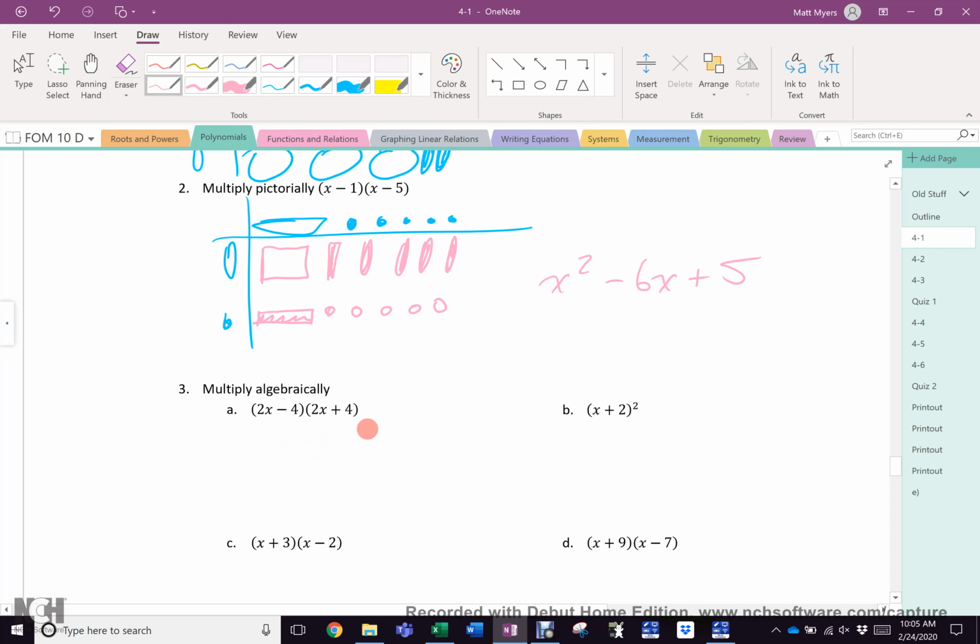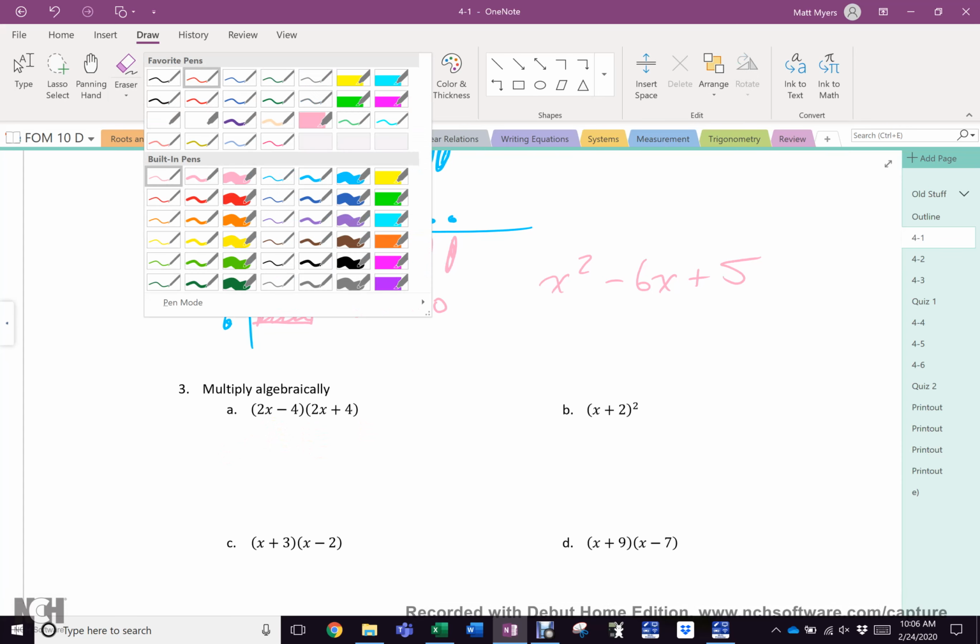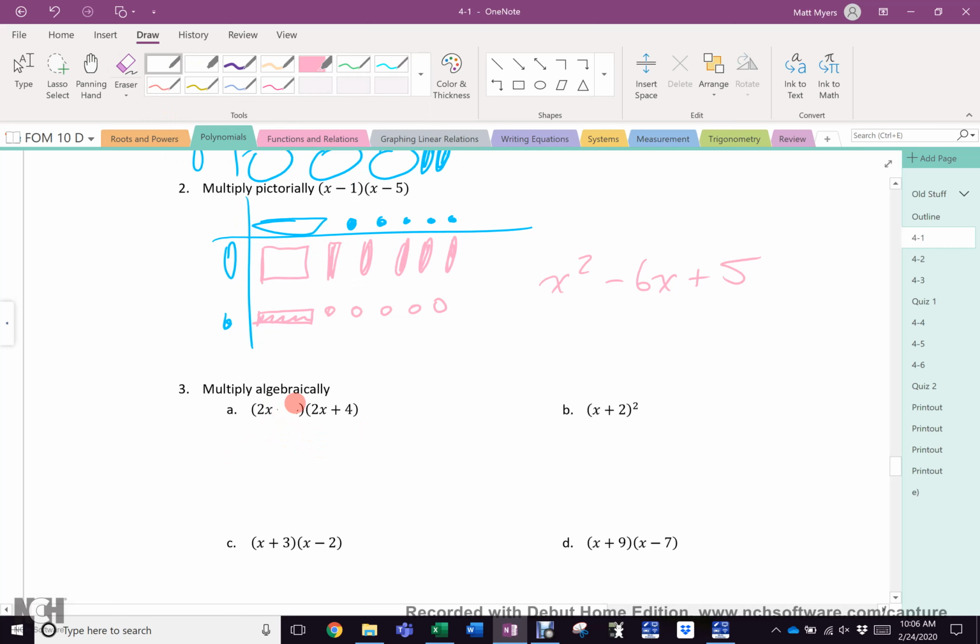Same way we do all of these. If I pretend that that is not there, what do you need to do with the 2x? Starts with a D, ends with an E. Divide. Where do you see division in that question? Distribute. 2x times 2x is what? 4x squared. 2x times 4 is what?